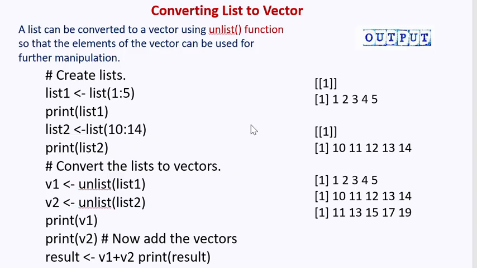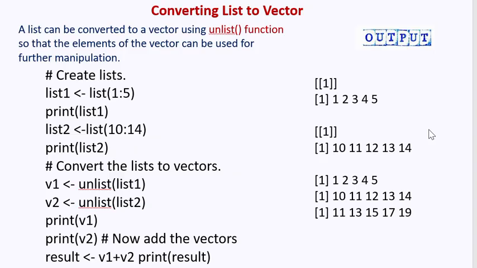Now we are going to perform a mathematical addition of the first element of list 1 to the first element of list 2. That is, the values in list 1 are going to be added with the values in list 2. For this scenario, we are going to convert the lists into vectors, because this kind of working is a mathematical operation. For better handling of this numerical form, we are going to convert them into vectors.